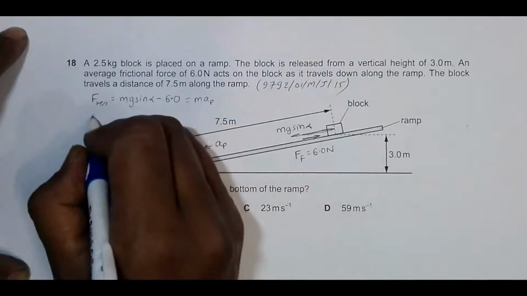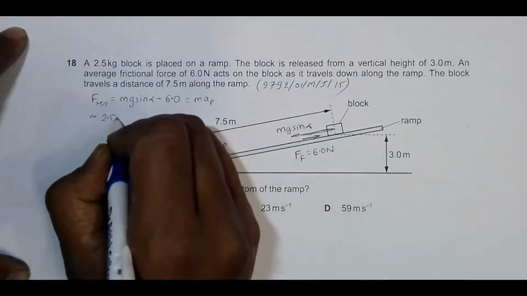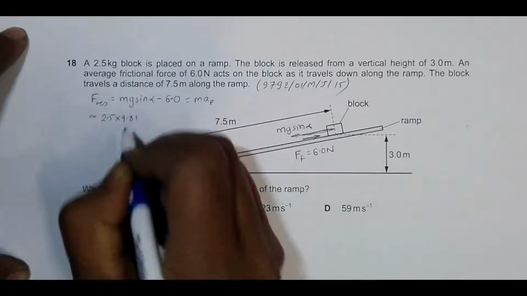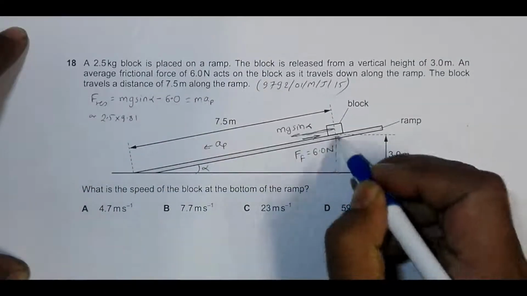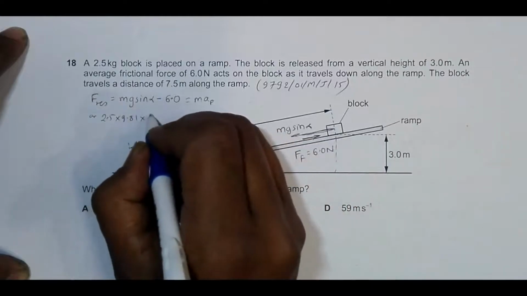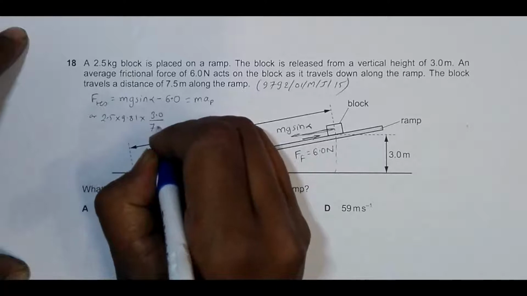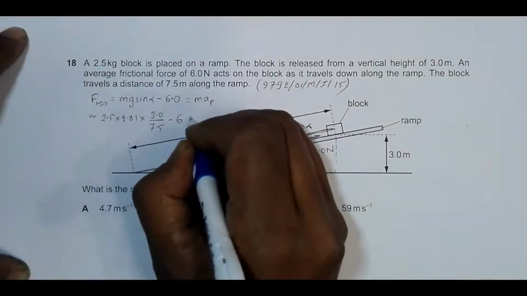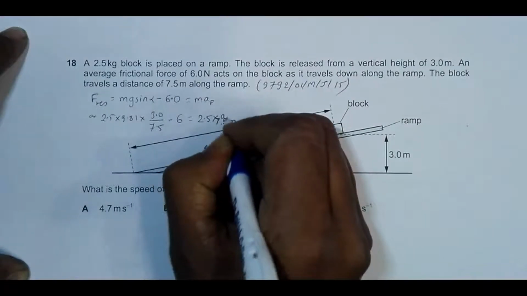So this gives me m is 2.5, g is 9.81, and sine alpha is equal to perpendicular by hypotenuse. So it is 3.0 by 7.5, minus 6, equal to 2.5 into this AP.